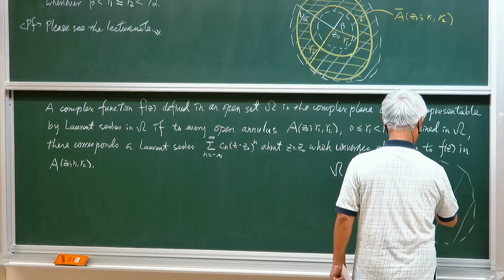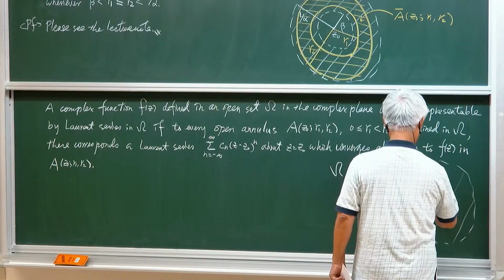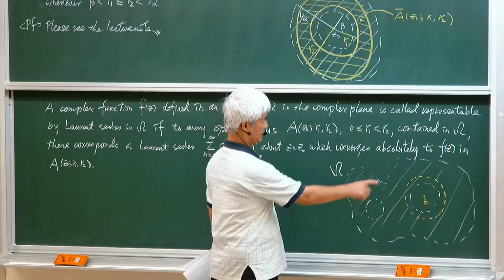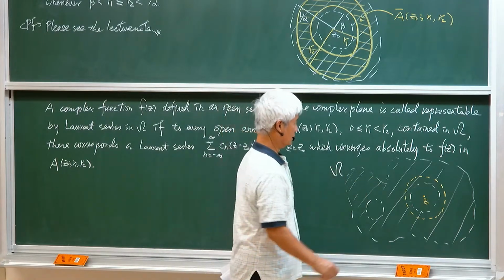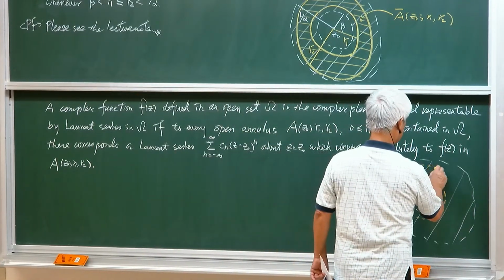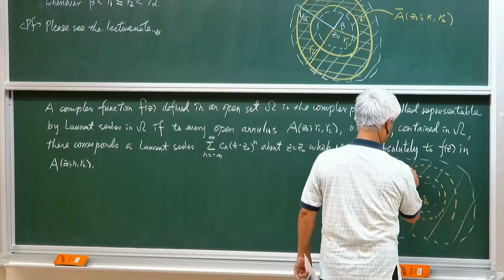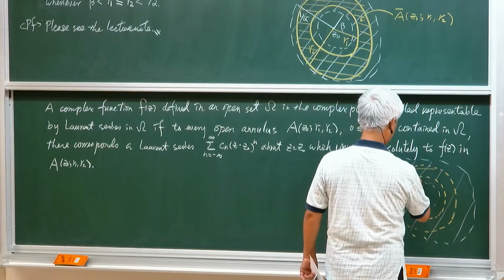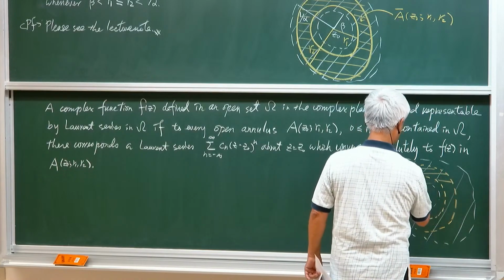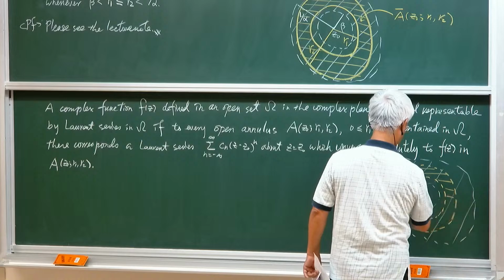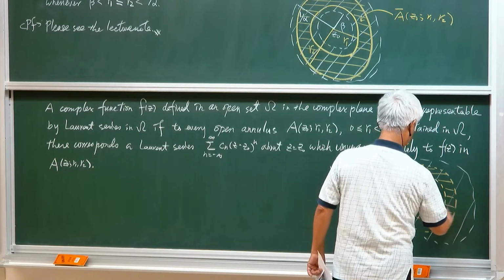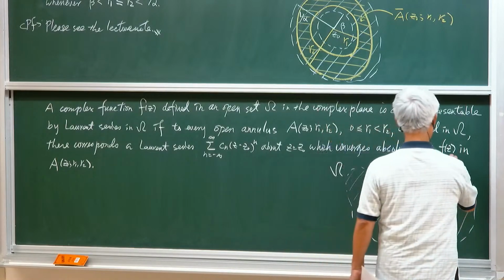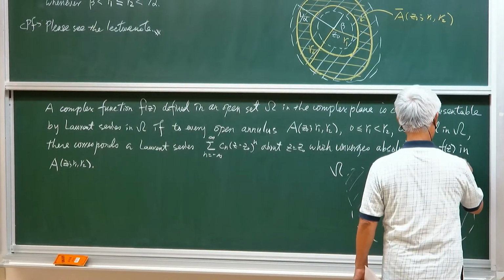Okay, and the center is outside of the open set omega. Now this yellow open annulus, as you can see, is contained in omega.